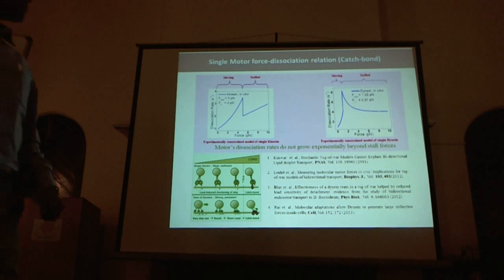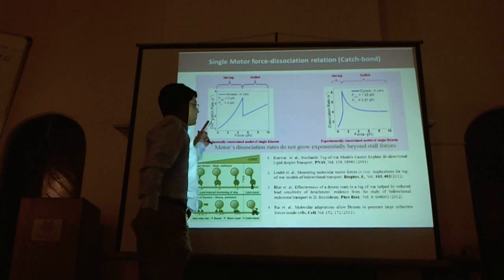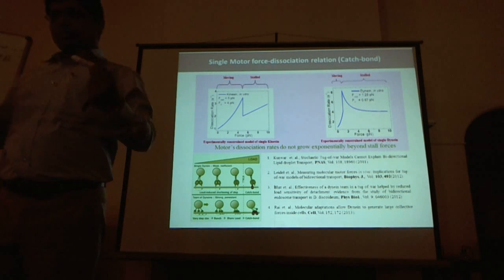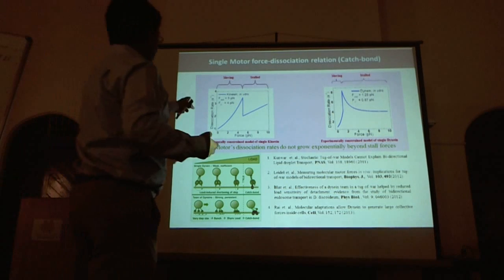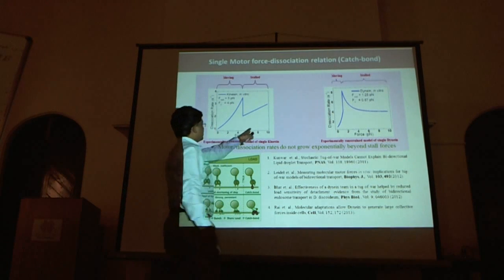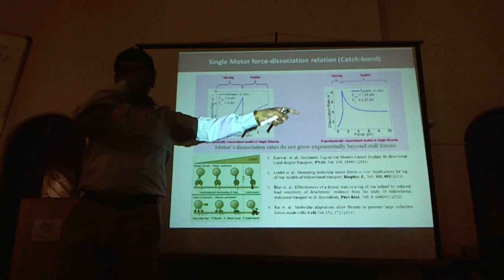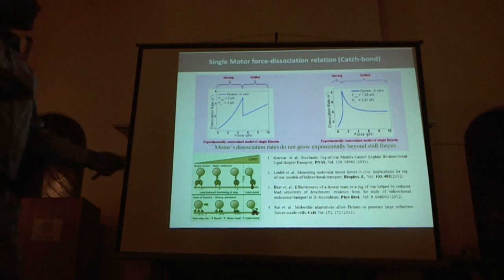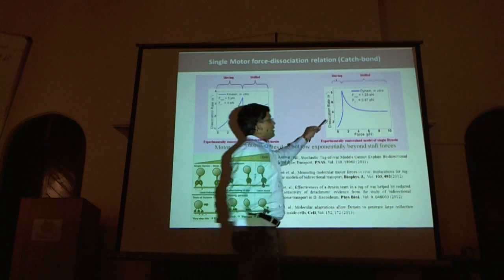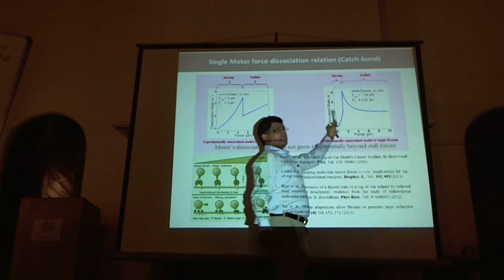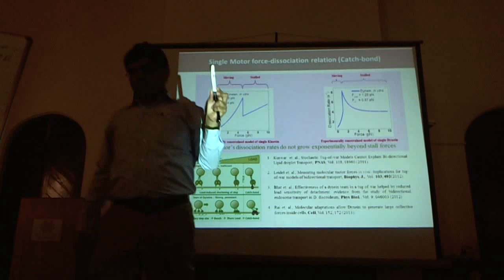In my last talk, I also talked about the dissociation kinetics of kinesin and dynein motors. I told you that if you pull these motors harder beyond the stall force, their dissociation rates behave differently. What has been observed is that for kinesin it grows linearly, and for dynein it decays. This behavior of dynein is called catch bond behavior.